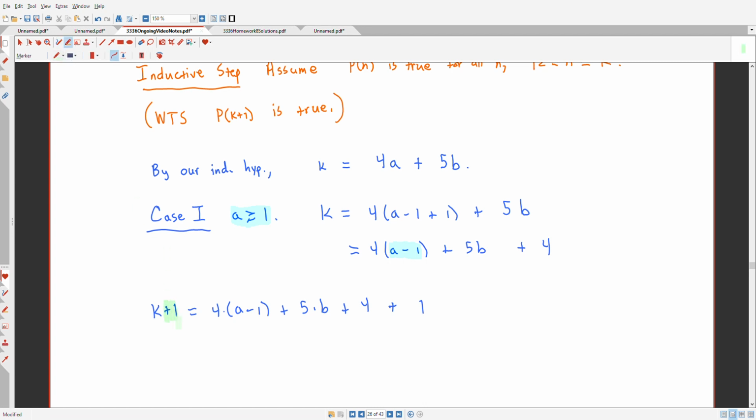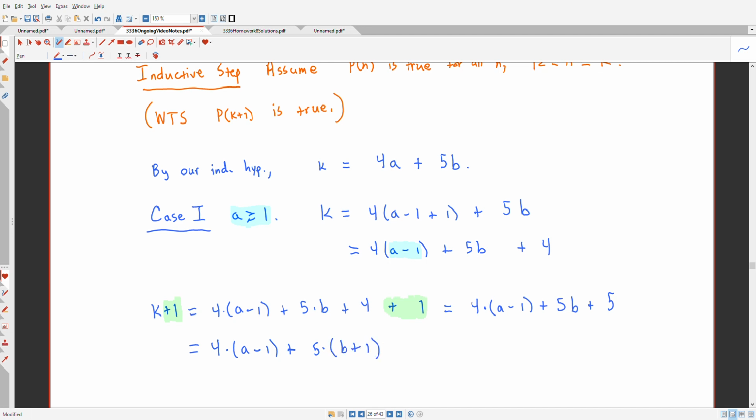So this plus 1, I just tacked on this 1, and what we can see here is something really nice is going to happen. Once we work out this arithmetic, we're going to get 4 times a minus 1 plus, that 4 plus 1 becomes a 5. And so I can write this as 4 times a minus 1 plus 5 times b plus 1.